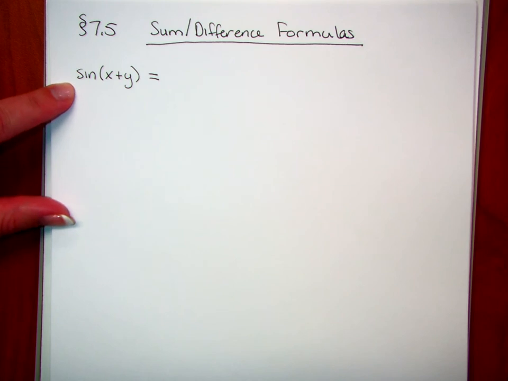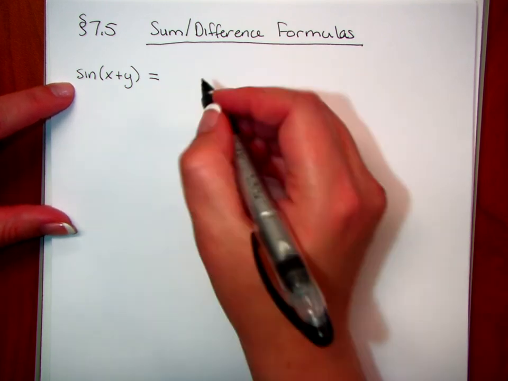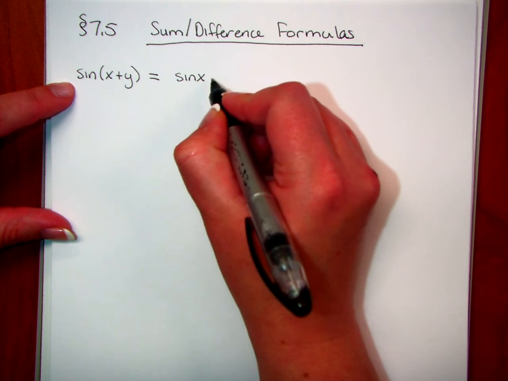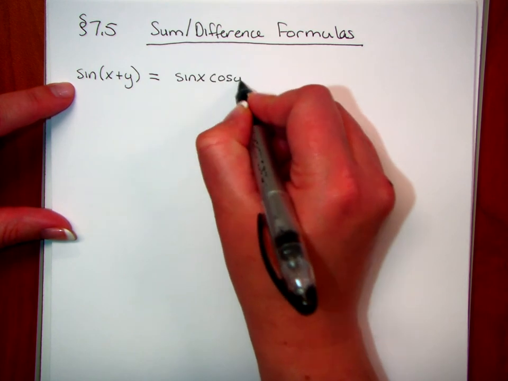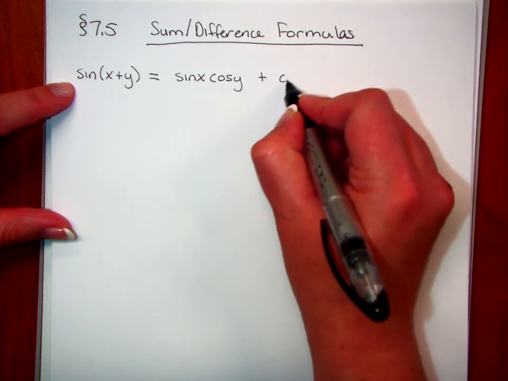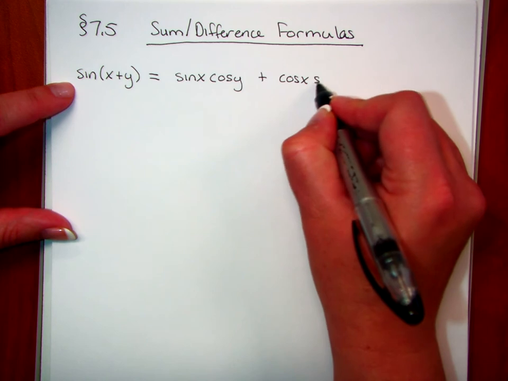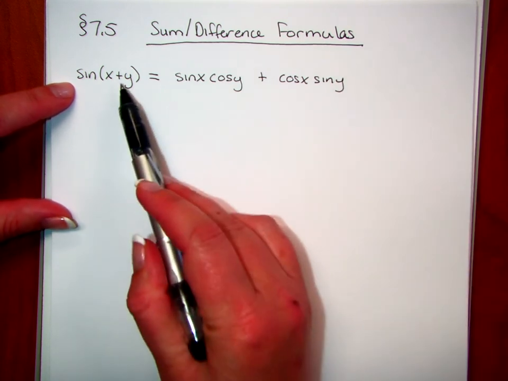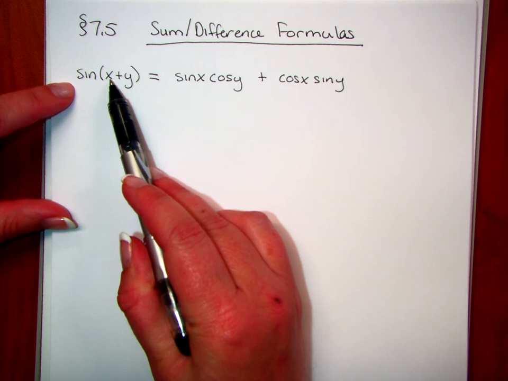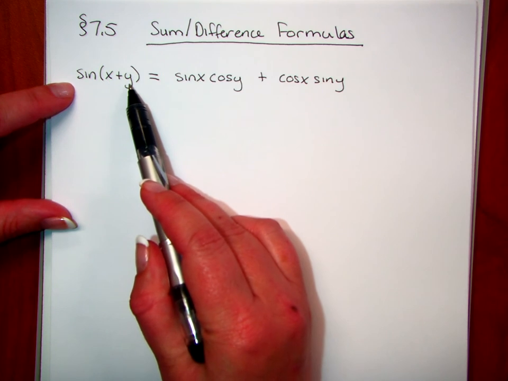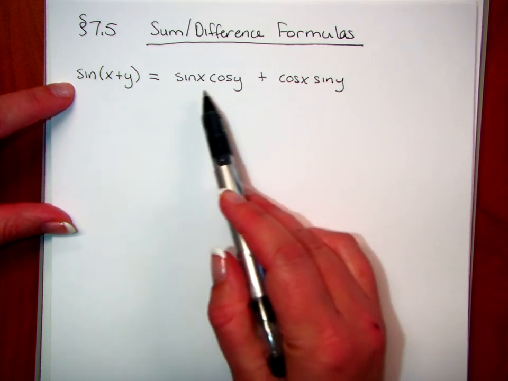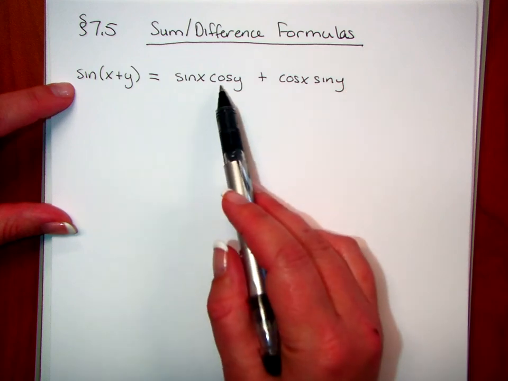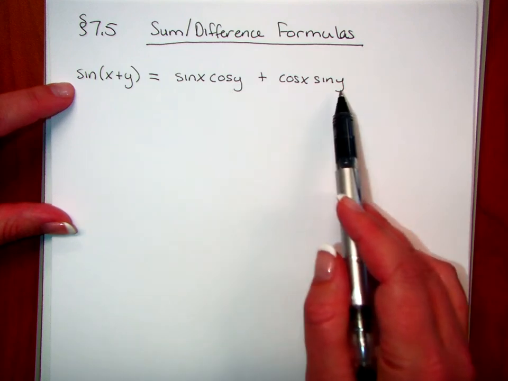So the sine of a sum, I say it's sine cos plus cosine sine. Sine of the first, cosine of the second, plus cosine of the first, sine of the second. When I say first and second, I'm talking first is the first angle, x, and second is the second angle, y. So notice each of my terms, I always put first angle and then the second angle. So sine cos plus cosine sine, all right?